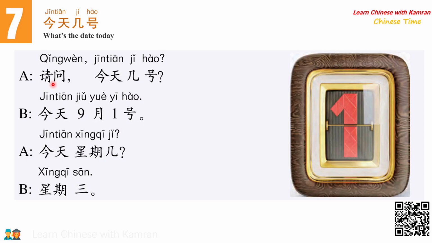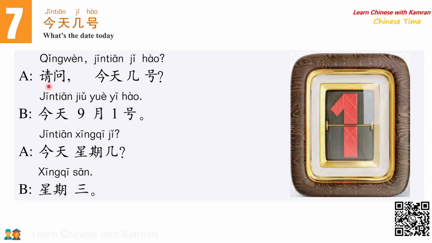Similarly, if you are in class, in university, in office or in your company, if you want to ask some question from someone you don't know, you should always start your question with 请问. It's like in English we say excuse me.